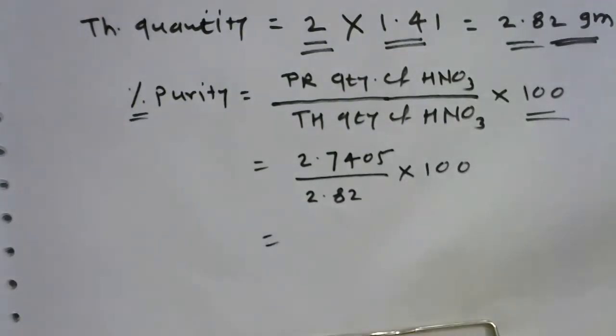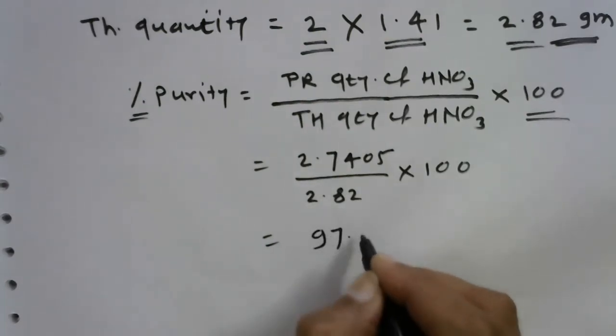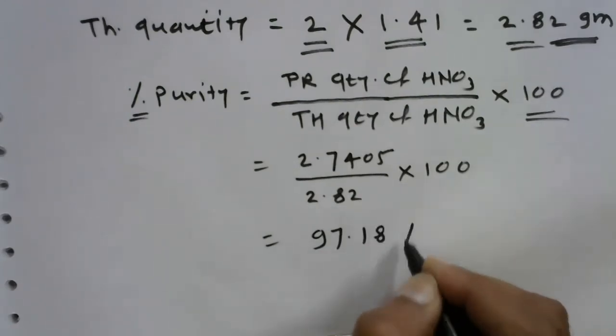So after solving this equation, we will get the percentage purity of nitric acid: 2.7405 divided by 2.82 multiplied by 100. So it is 97.18%.